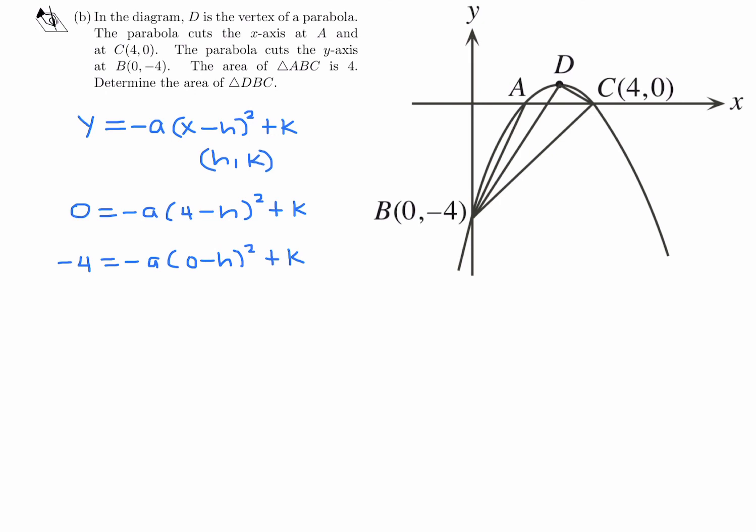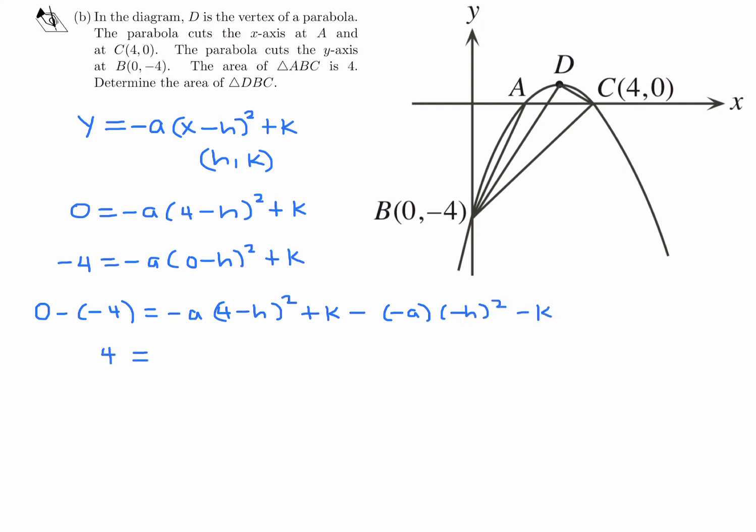Now, we can subtract these two equations. That will help us get rid of the k's. So the top equation minus the bottom equation, so 0 minus -4, and then on this side it will be -a(4 - h)² + k, and then minus (-a(0 - h)² + k).